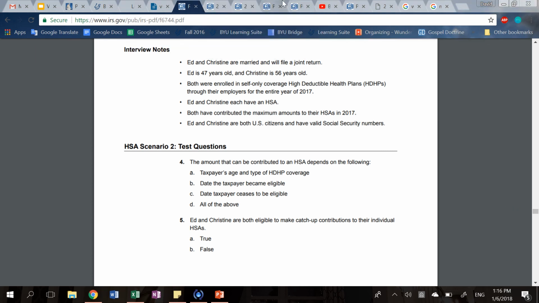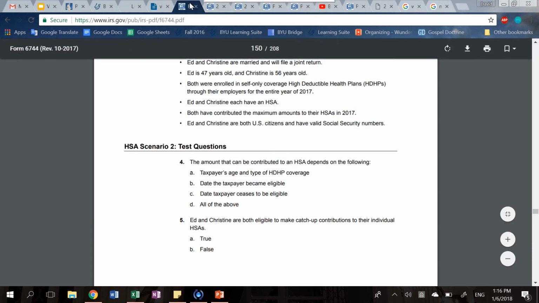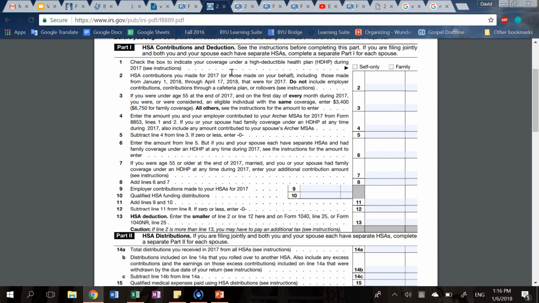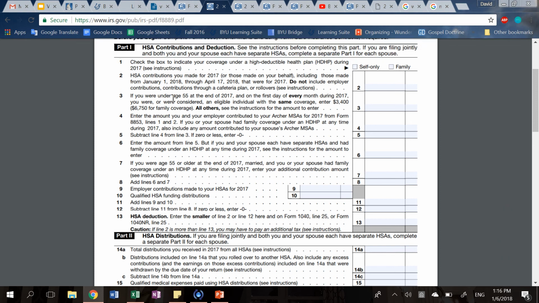For individuals who are older than 55, they are allowed to contribute an additional $1,000 each year, and they call that the catch-up.